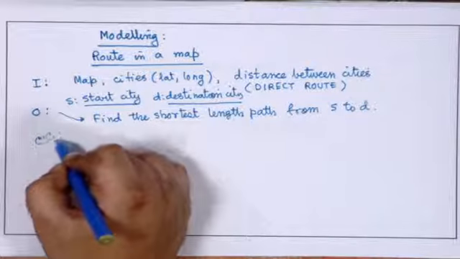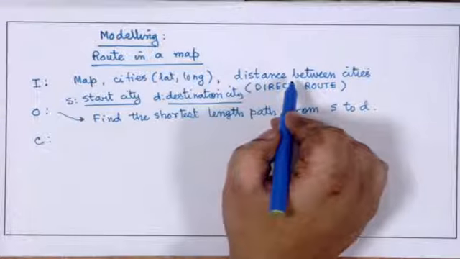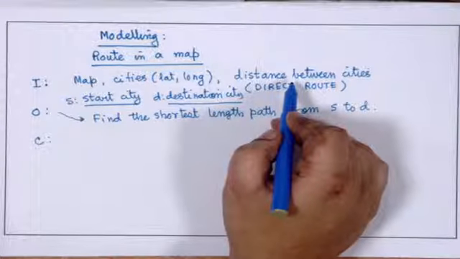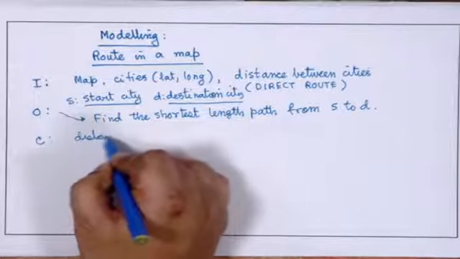Certain constraints will be obvious to you. These distances are all positive integers, positive numbers. So, all distances are positive.